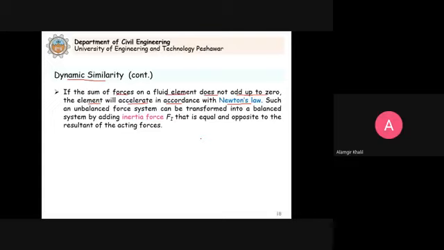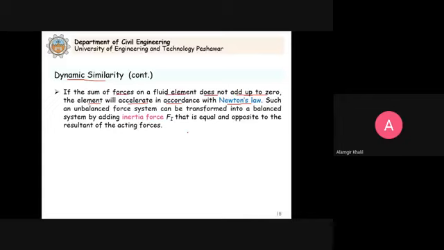Now that is another condition. We have equilibrium conditions, static conditions of equilibrium, and we have dynamic conditions of equilibrium. But in general, what we say is that if the summation of forces is not equal to zero, it means that there is some net force acting. So that's why we say that the element will accelerate in accordance with Newton's law.